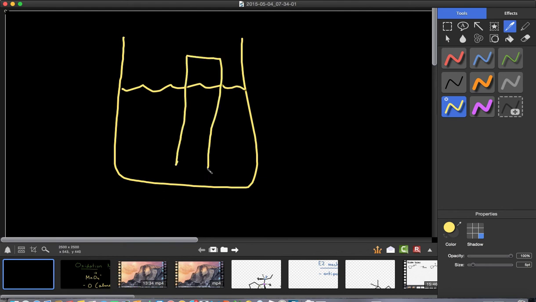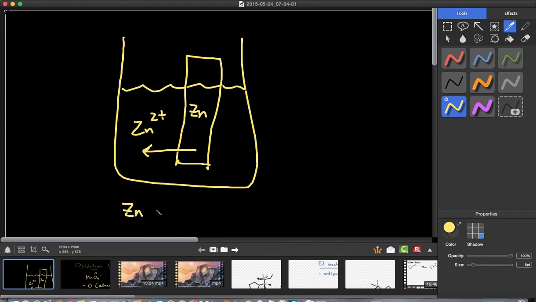So in our zinc cell, we're going to have oxidation. And as this reaction proceeds in this half cell, the size of this electrode, this thin plate of zinc, is actually going to decrease.